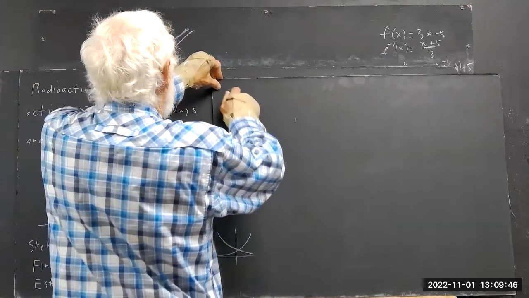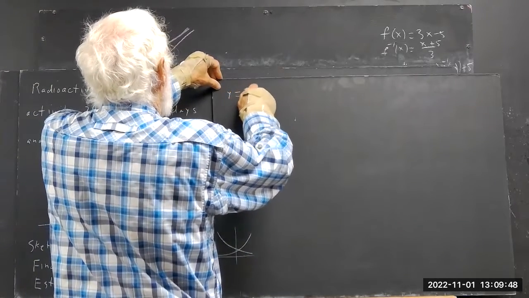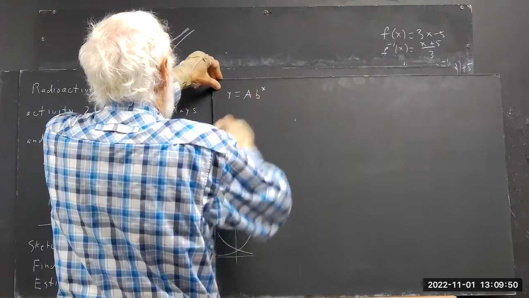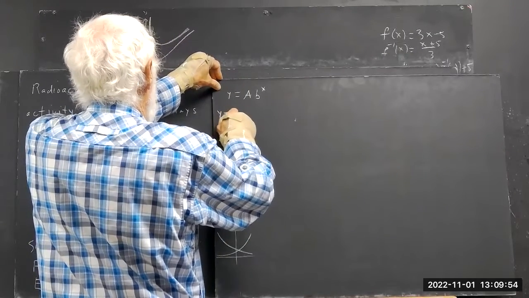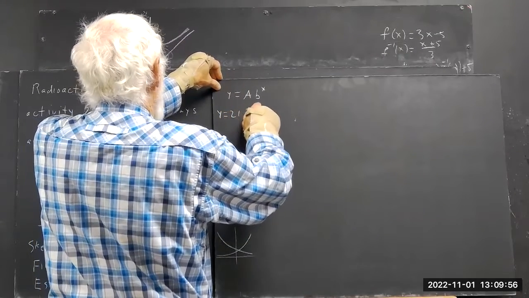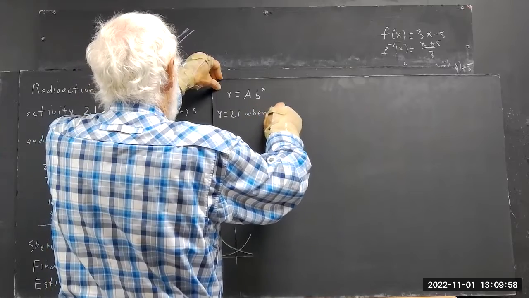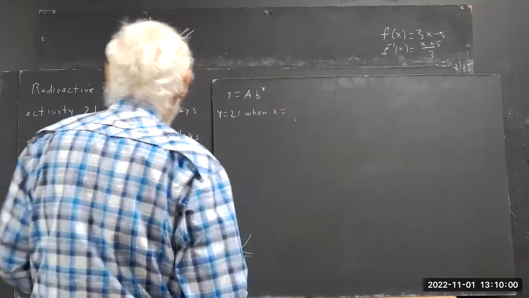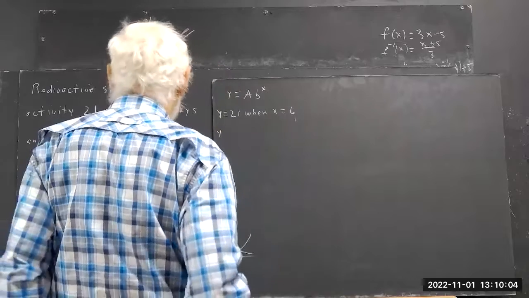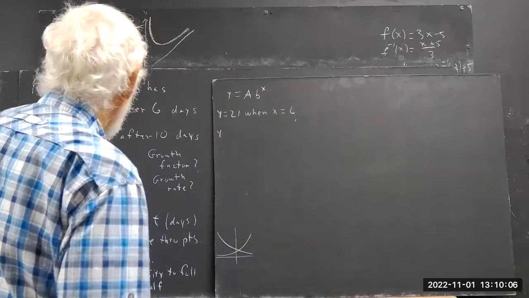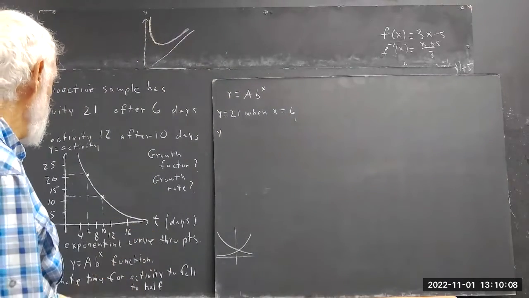Okay. So we have Y equals AB to the X. Well, Y equals 21 when X equals 6. And you know what? I'm using T here.